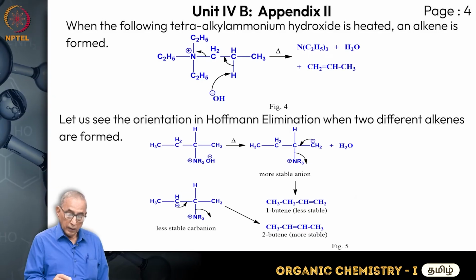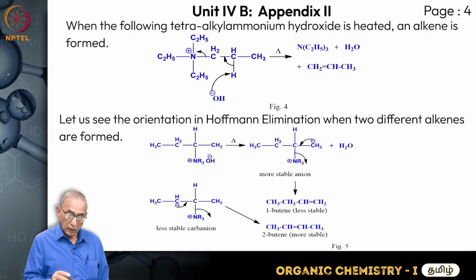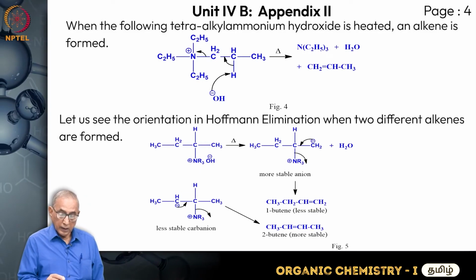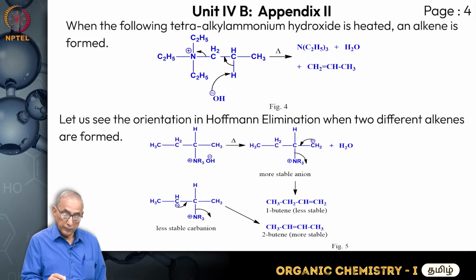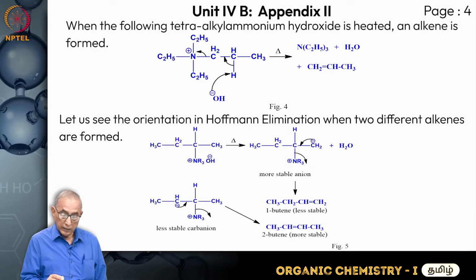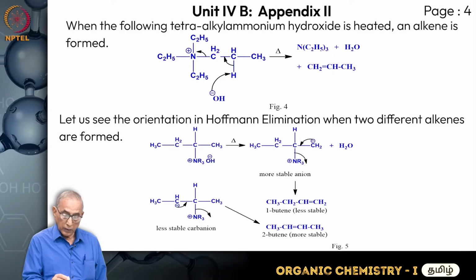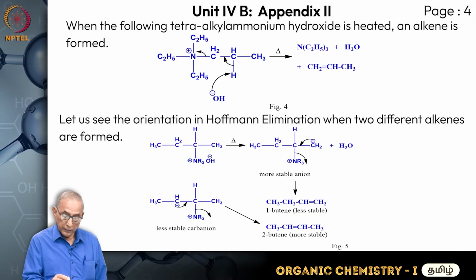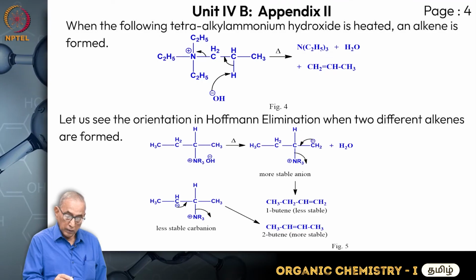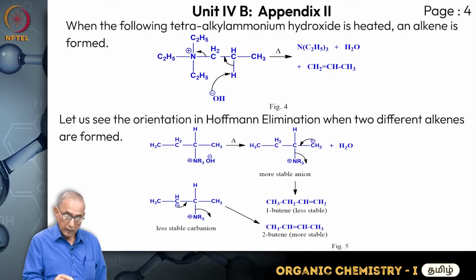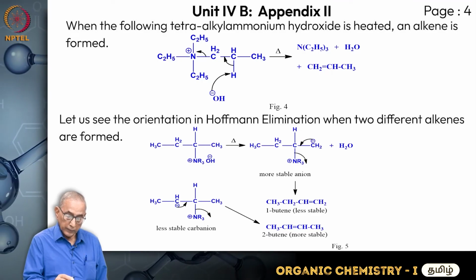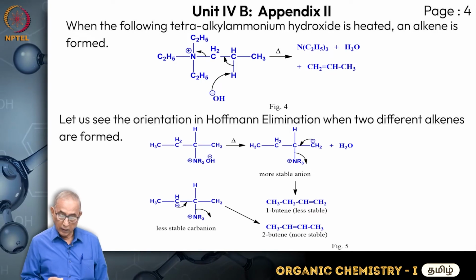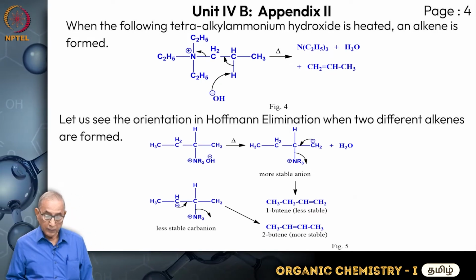Then OH minus is the counter ion, and if you heat it, this hydrogen can be removed from here to form an anion, and that can move and come down to here and then remove the trialkyl amine.